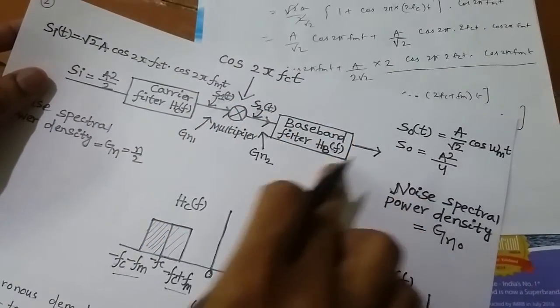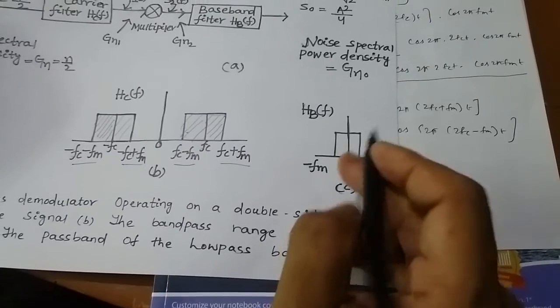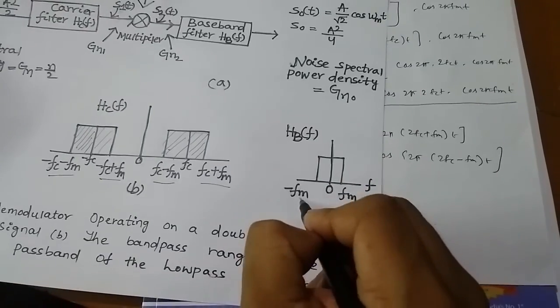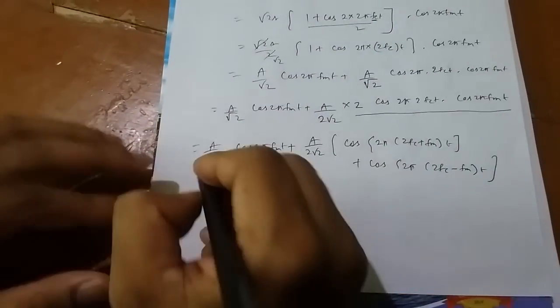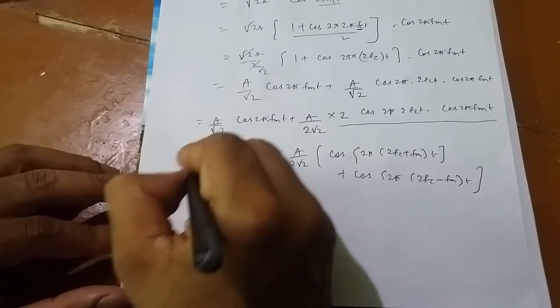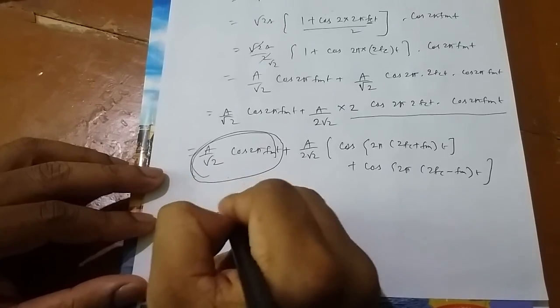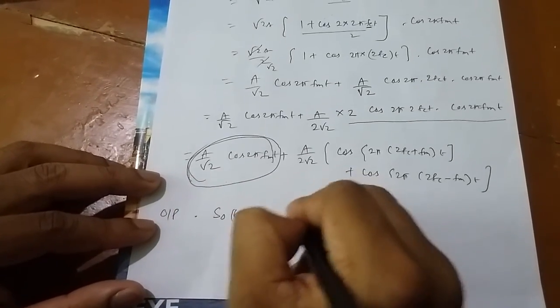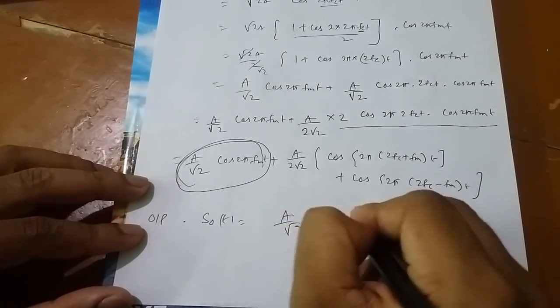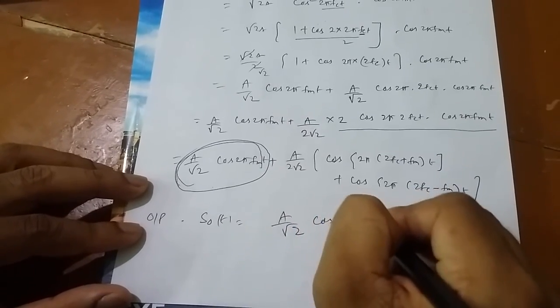Then we have passed it through a baseband filter. The baseband filter has a frequency response minus fm to plus fm. So only the first part will be filtered out. So the output S0 of t becomes a by root 2 cos 2 pi fmt.